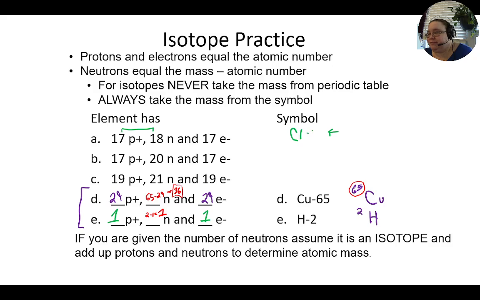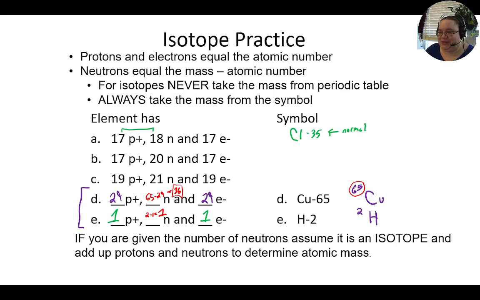Yes, you could specify that it has a mass of 35, but this is our normal atomic chlorine. The second one, who has a mass of 37, wait, 17 and 18, is that 35? Yes, 17 plus 18.